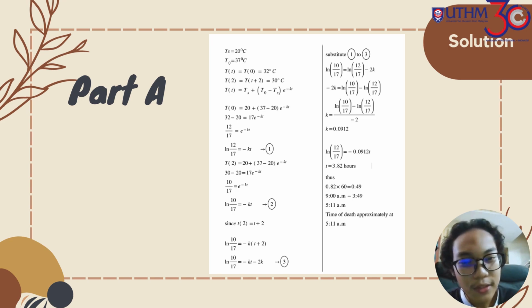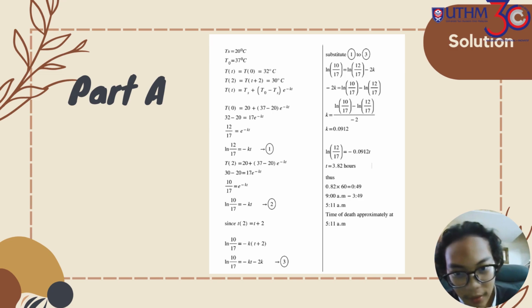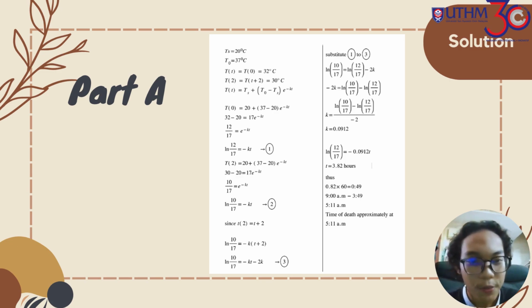So using the formula, we can simplify it to T2 is equal to T plus 2. Next, we can get that ln 10 over 17 is equal to negative k in bracket, T plus 2.